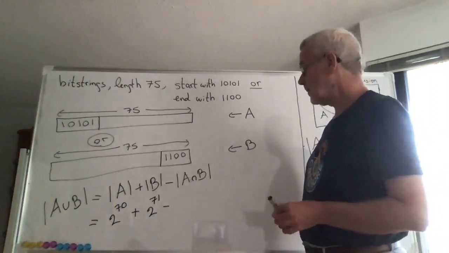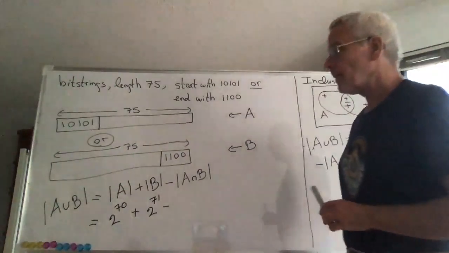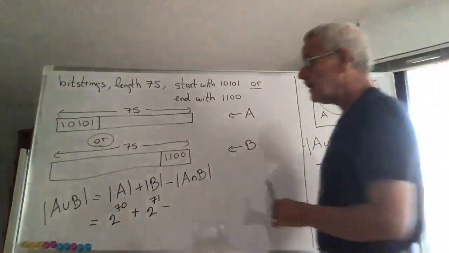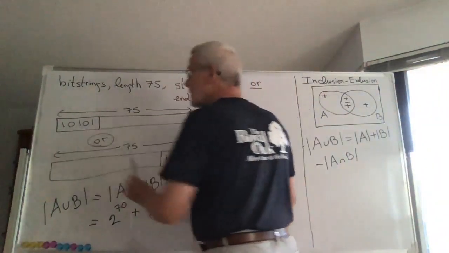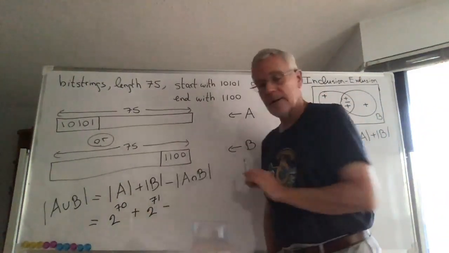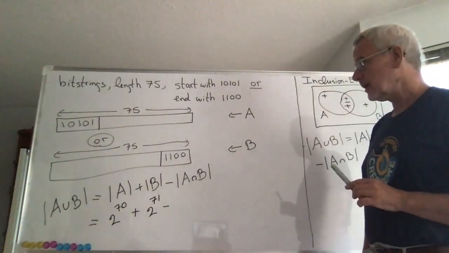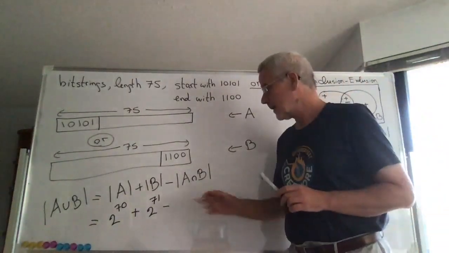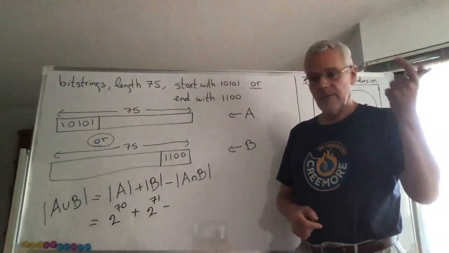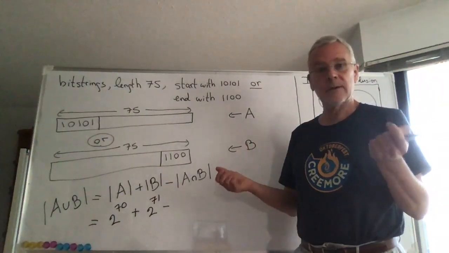These are all the strings that are in A and in B. Now if they are in A, that means the first 5 bits have been fixed. If they are in B, that means the last 4 bits have been fixed. So if you are in A intersected B, the first 5 bits are fixed and the last 4 bits are fixed.